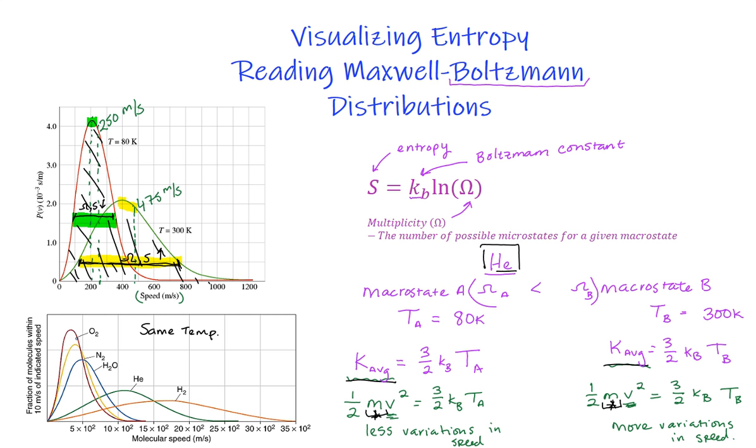But if you're comparing different molecules or different kinds of gas at the same temperature, then a higher temperature does not indicate a higher entropy. As you can see here, these are all at the same temperature, but the hydrogen has a much wider spread of possible values, so therefore a greater multiplicity and a greater entropy than does the oxygen.